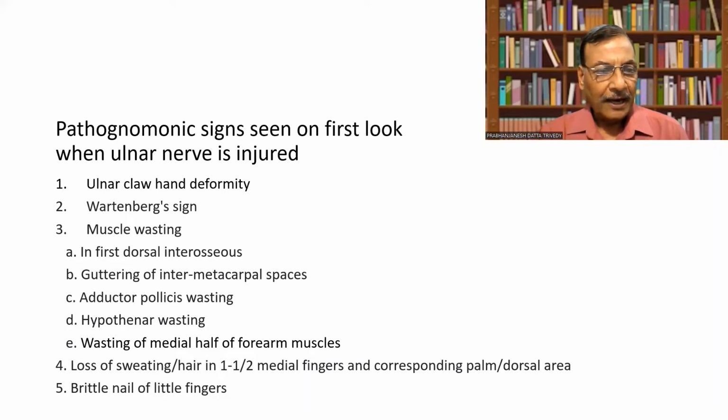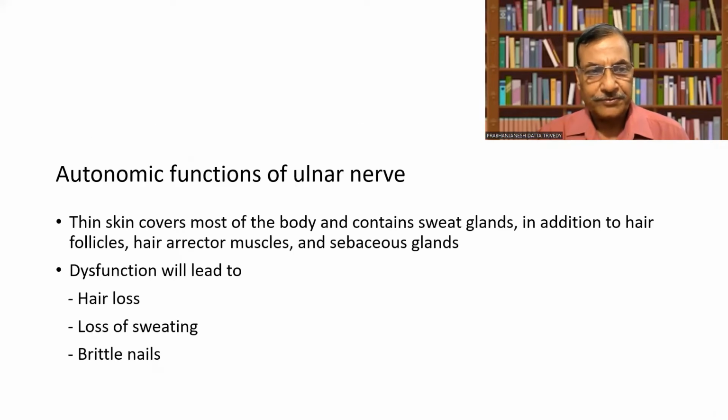There will be adductor pollicis wasting, hypothenar muscle wasting, and wasting of the medial half of the forearm muscles in the case of upper ulnar nerve injuries. There is loss of sweating and loss of hair in the medial one and a half fingers, corresponding palm and dorsal area, and there may be brittle nails of the little finger.